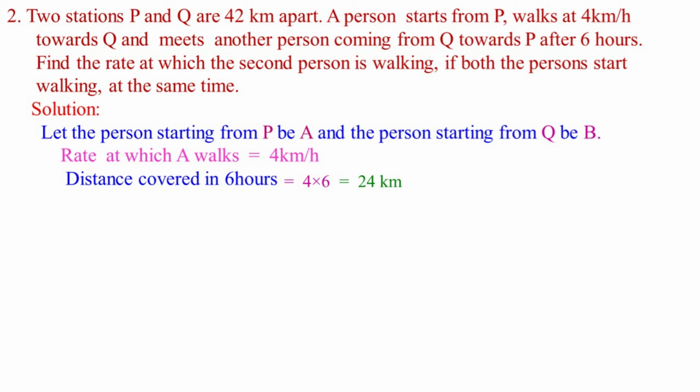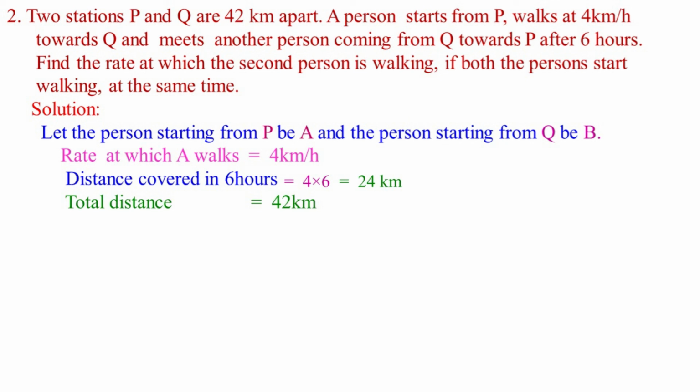But the total distance given is 42 km. In this 42 km, A has covered 24 km, so what is the distance covered by B? The remaining distance is covered by B. They started at the same time from two different stations, but they meet at a place after 6 hours.